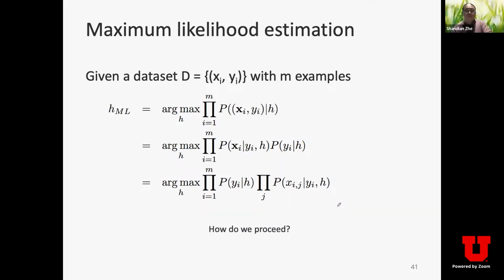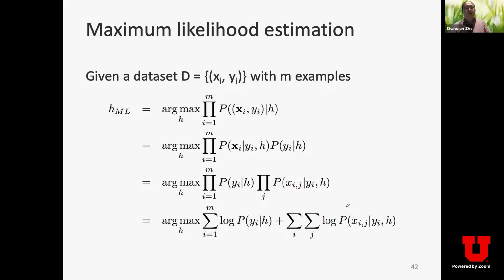And of course, we don't want to deal with a product of many probabilities. These are between 0 and 1. If you multiply them all together, it can just truncate to be 0. So a more numerically stable approach will be to take a logarithm and do the maximization. So then the product becomes a sum.